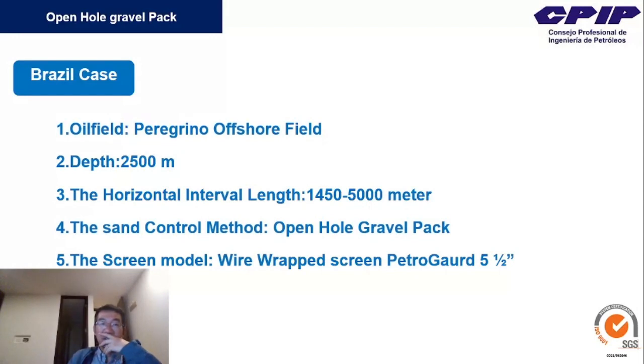The horizontal interval length is from 1,450 to 5,000 meters. The sand control method is open hole gravel pack, and the screen model is a wire wrapped screen, PetroGuard 5.5 inch.